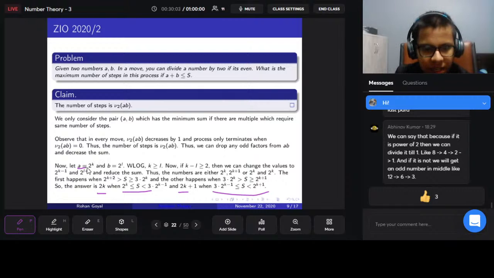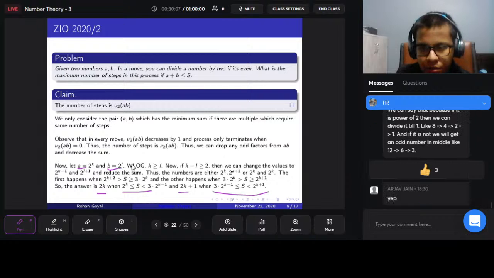I hope you understand how we got that A and B are powers of 2. Now, without loss of generality, let's say k is greater than or equal to L. But if k minus L is greater than or equal to 2, we can change the values of A and B so that they're still powers of 2.